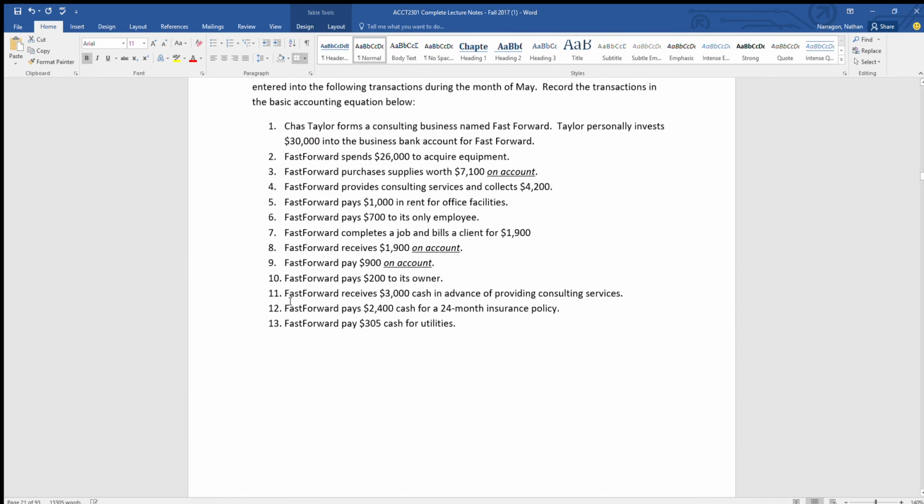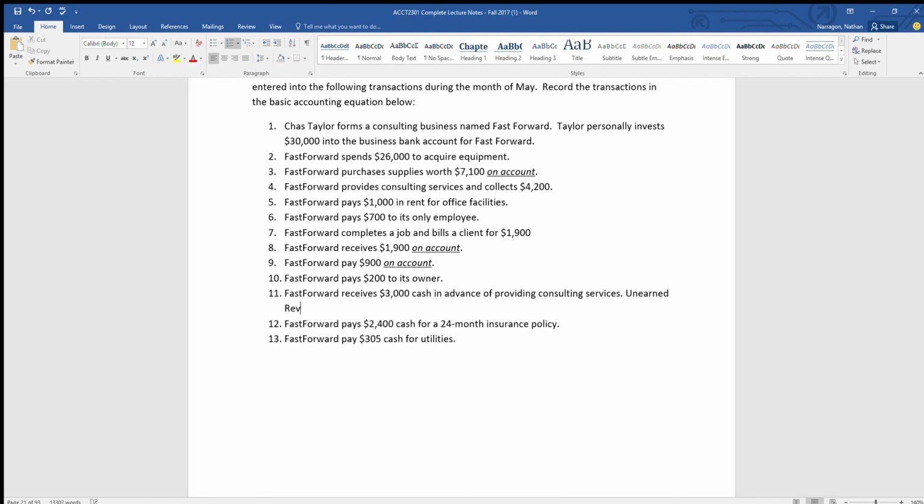11, we received 3,000 cash in advance for providing consulting services. Alright, so this one is a definition of unearned revenue account. That is an unearned revenue because we have received cash in advance.